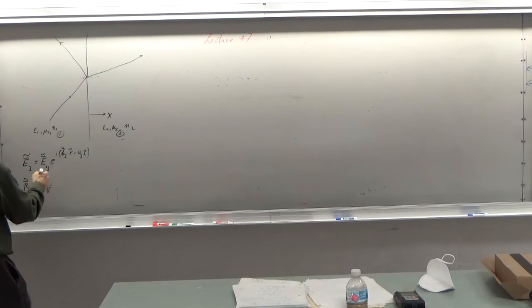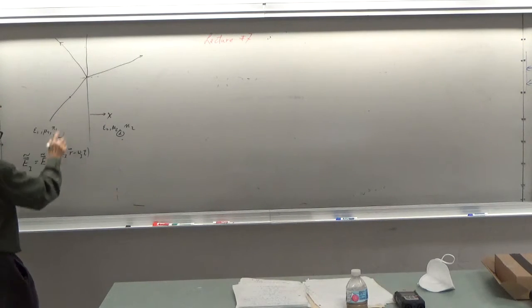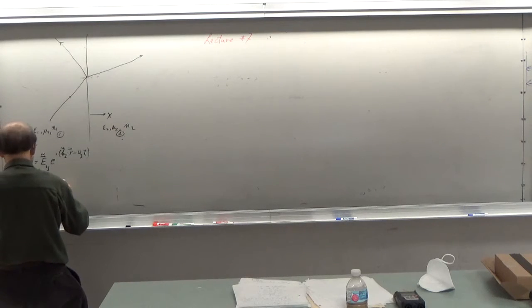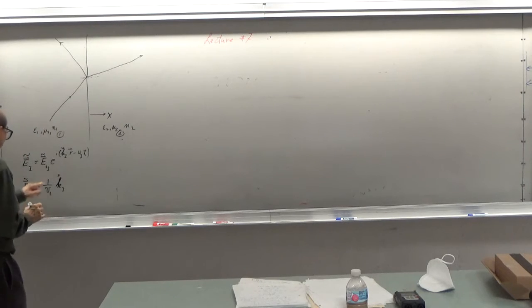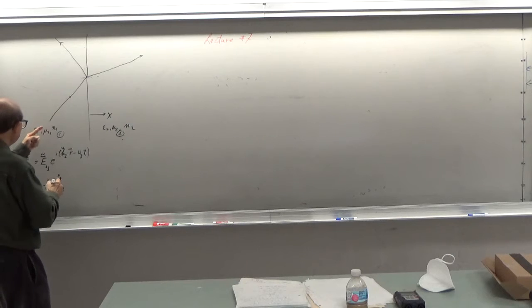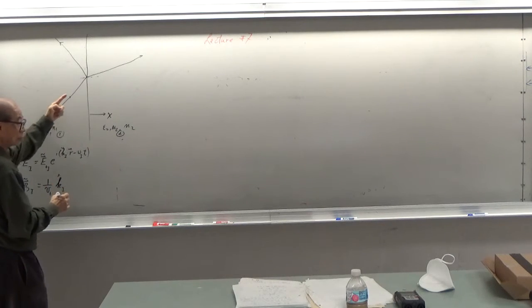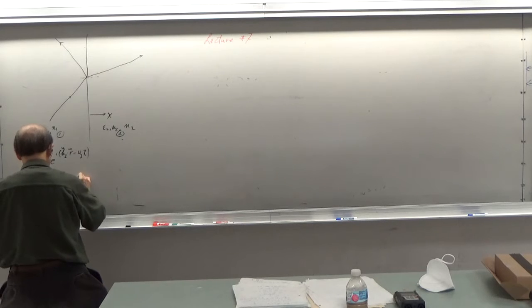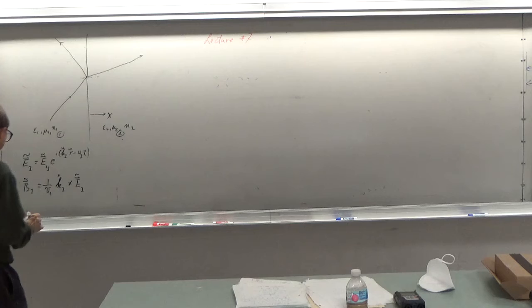The speed of propagation in medium 1 is v1. So I now have k hat I, the unit vector along the direction of propagation, cross E_I.